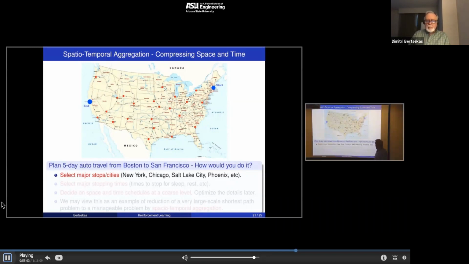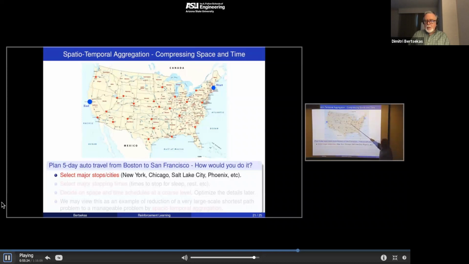You would sort of try to compress the task. You would select major cities to go by, like New York, Chicago, Salt Lake City, Phoenix, Memphis, whatever.